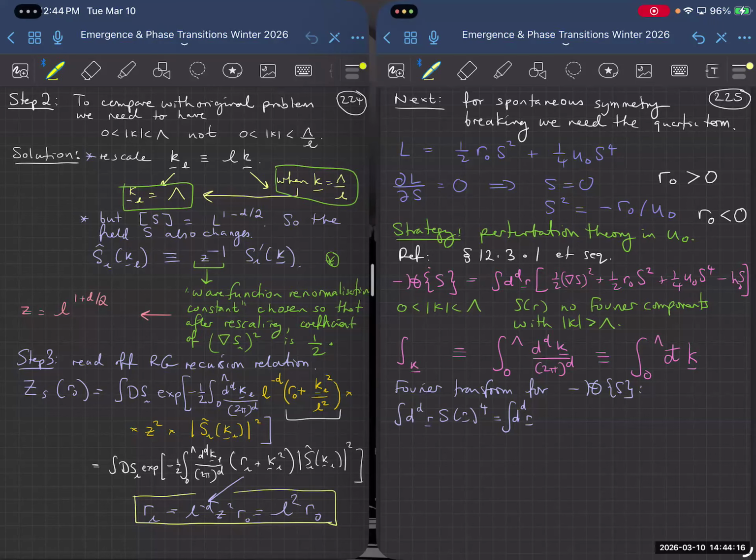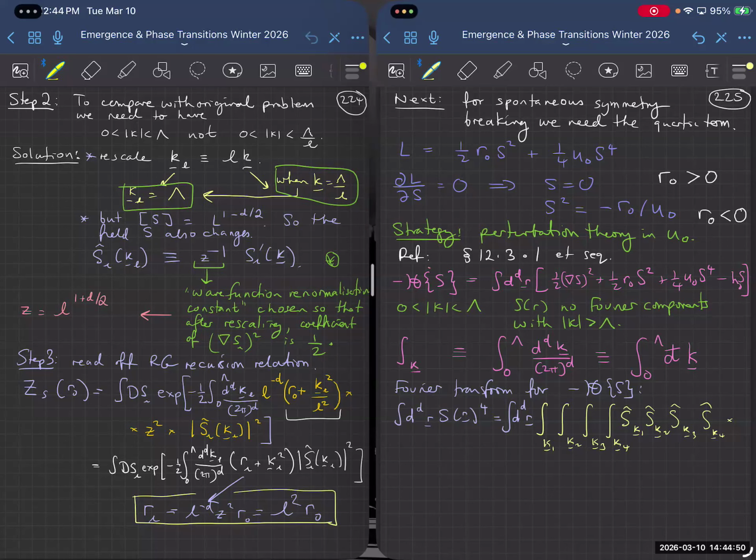So what I'm going to get is an integral over k1, k2, k3, and k4, and then s(k1), s(k2), s(k3), s(k4). I'm going to get four of those.